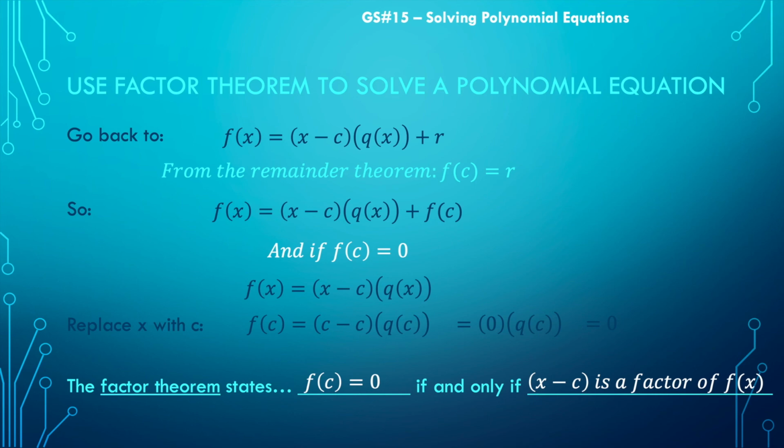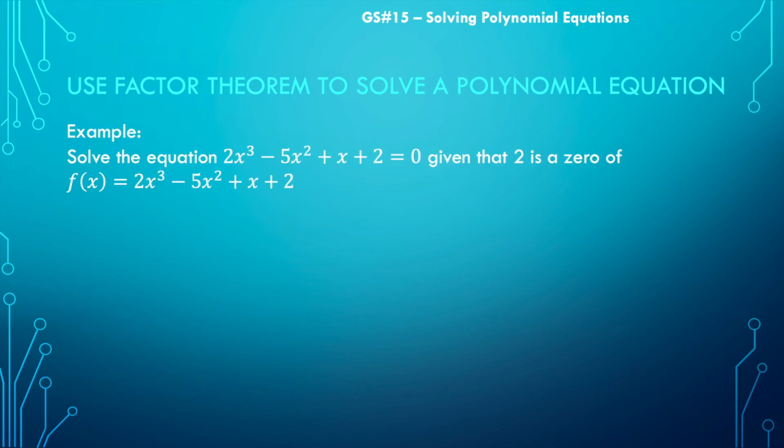It seems almost like common sense, right? But we can actually use this when we are trying to solve polynomial equations, and this is our segue into that actual solving piece.